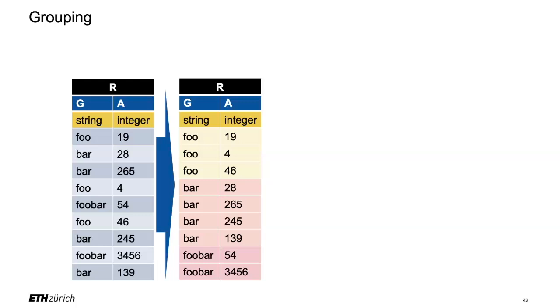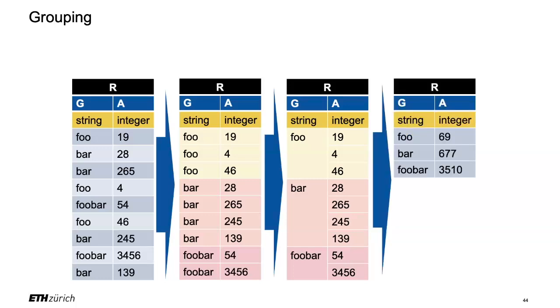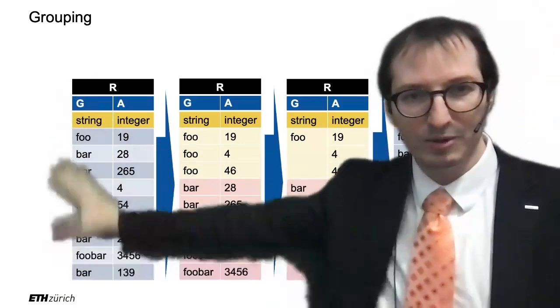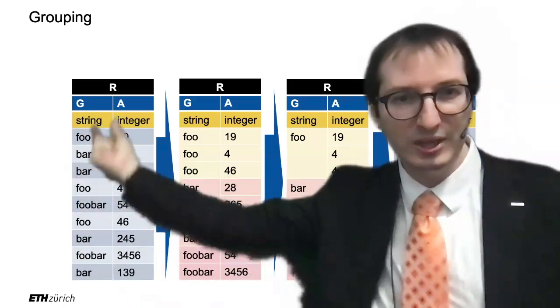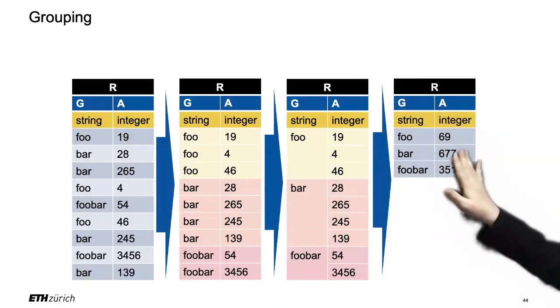And then we kind of merge the group like this, right? Noticing it's the same. And then I can aggregate, for example, with a sum. So I could do 19 plus 4 plus 46. And this is what it gives to me. What you see here is a grouping, an aggregation, right? So this is the original table, and we group on G, doing a sum on A, and we obtain this.